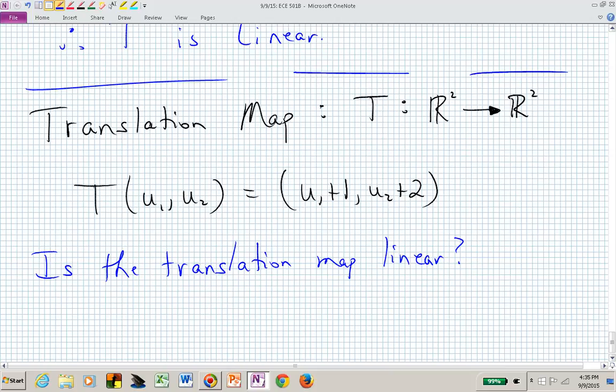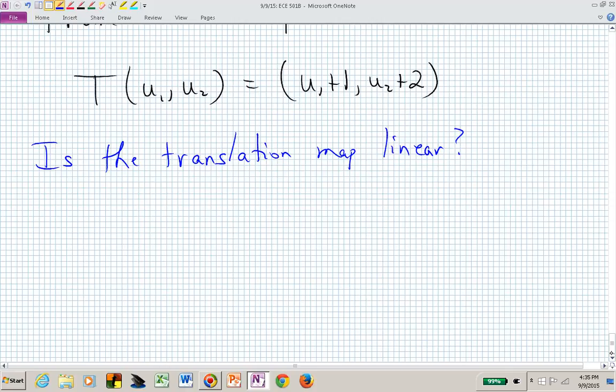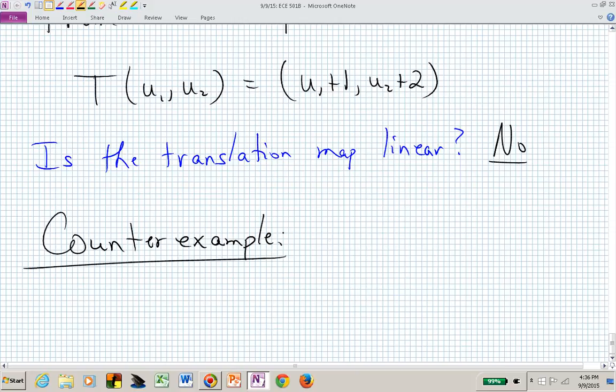Meaning, let's see if we can illustrate that this is not a linear map with a counterexample, where the counterexample is going to be based on the additive identity in the output vector space.